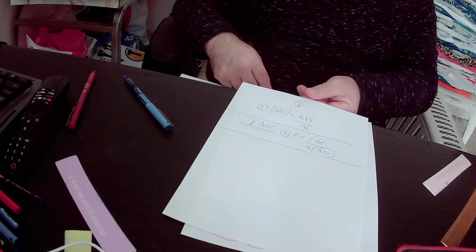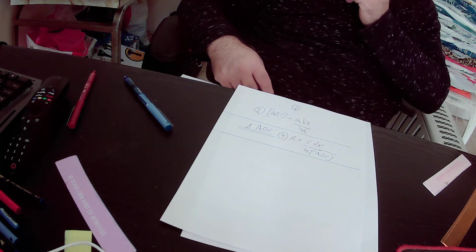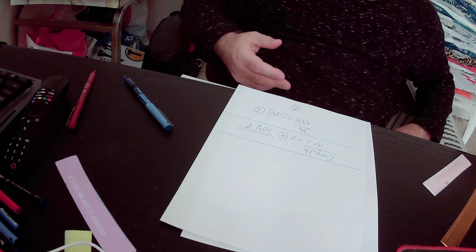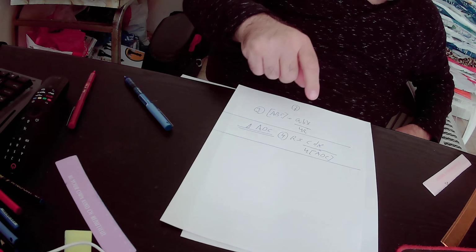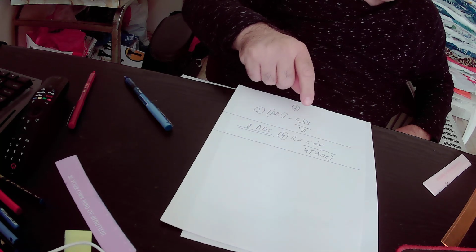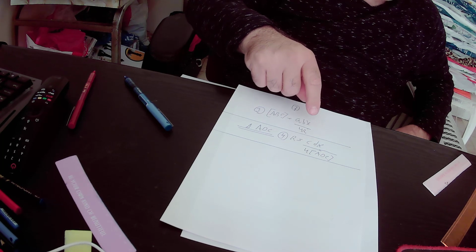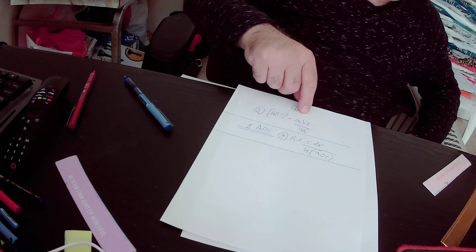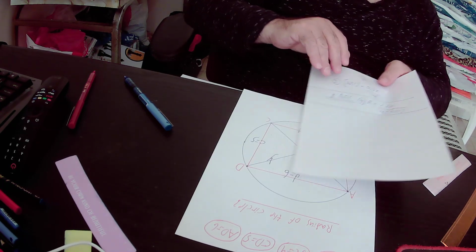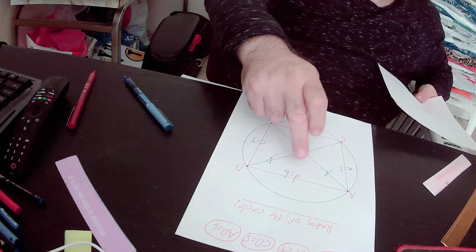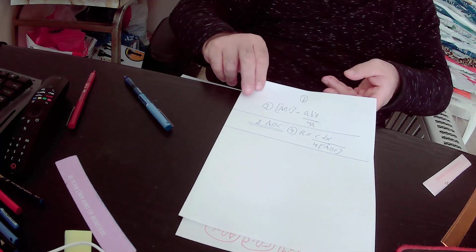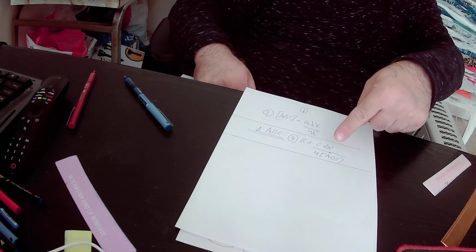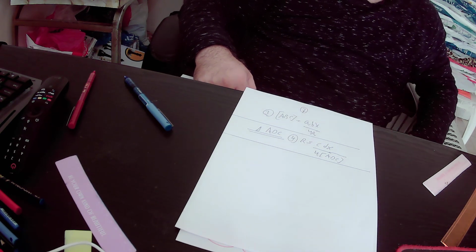Therefore, according to rule number 3, whenever you have a triangle that is inscribed by a circle, then the radius of that circle will be equal to the product of the triangle's sides, that is to say, C times D times X over 4 times the area of triangle ADC.